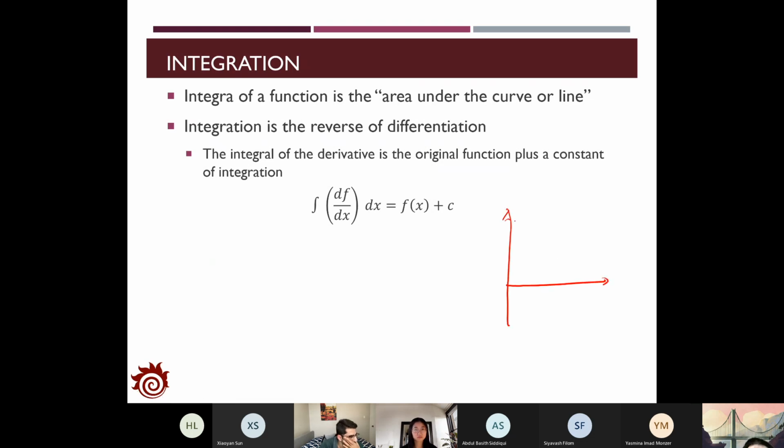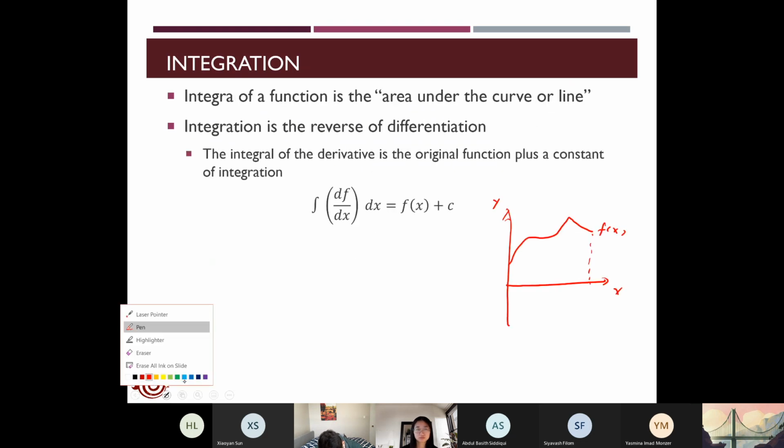For example, if we have a simple function, the integration of f(x) from 0 to x1 will show the area beneath the line and above the x-axis. So that's the integration. And usually integration is the reverse of differentiation.